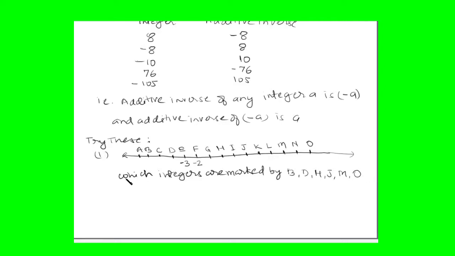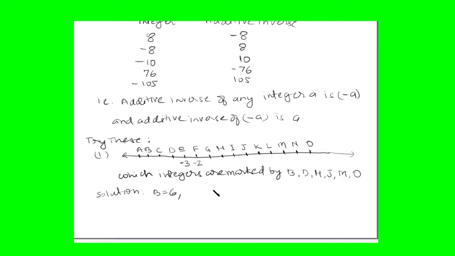So our solution is, as we see that E is -3 and F is -2. So if we go towards the left, we are going to get -4, D is -4, C is -5, B is -6. So B is equal to -6.